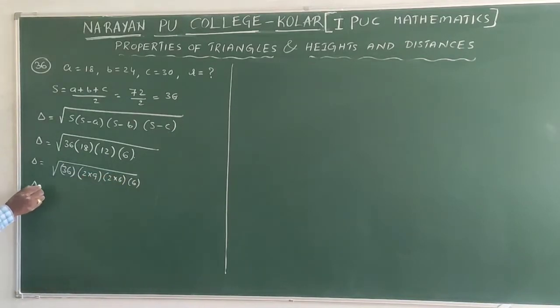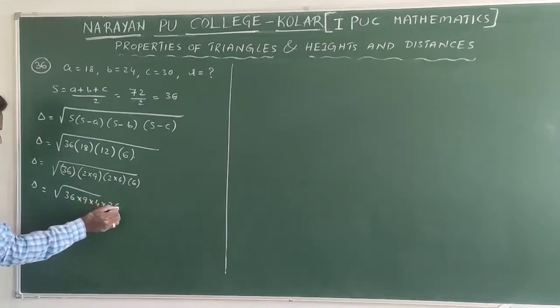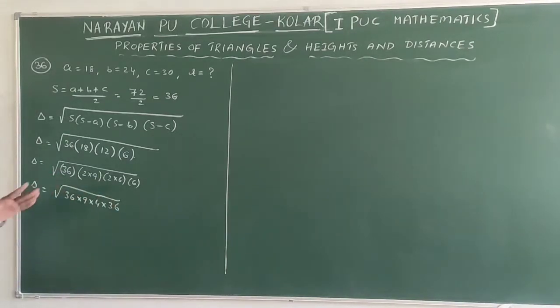How I can write root 36 into 9 into 4 into 36. Every number is a perfect square. Now that is nothing but 6 into 3 into 2 into 6. 36, 36 twos are 72, 72 threes are 216.